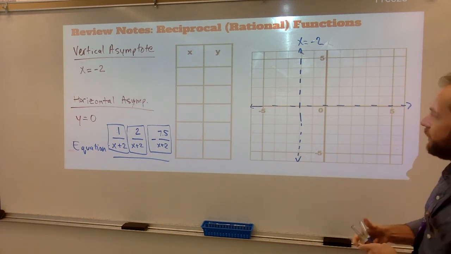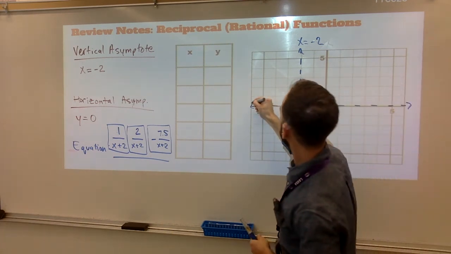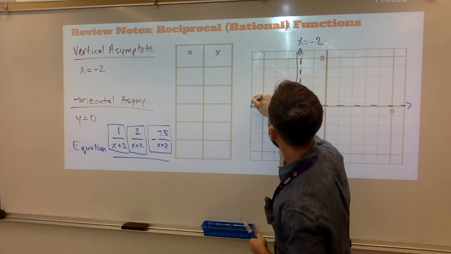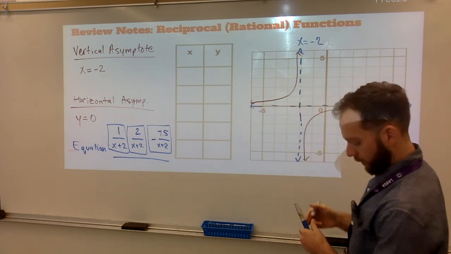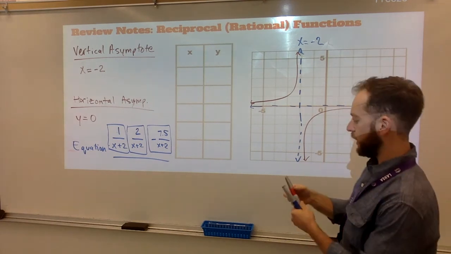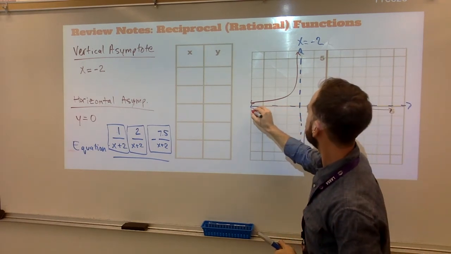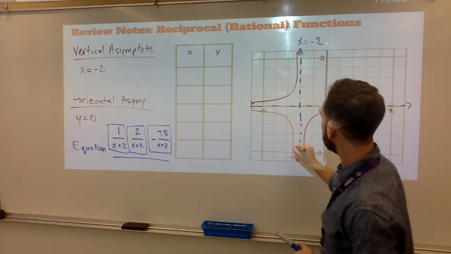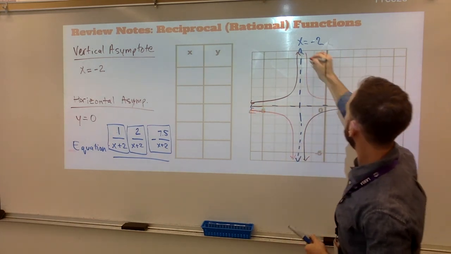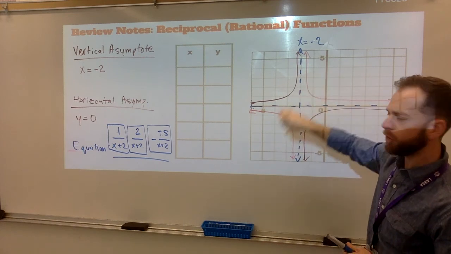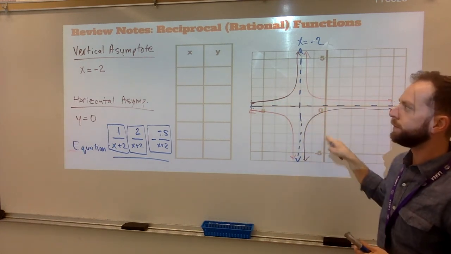And the graph could look like this. Or it could also look like this. You would either get this red function or this brown function.